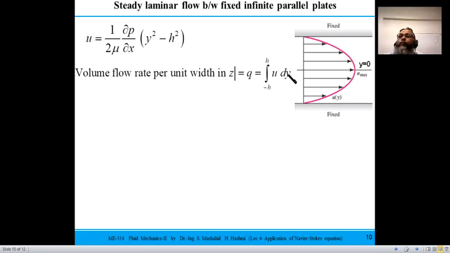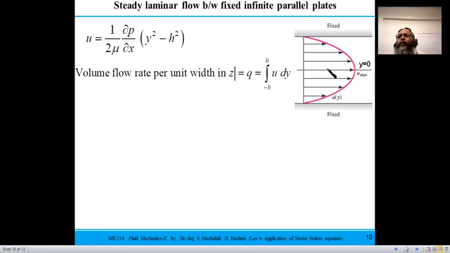As you know, the volume flow rate follows from the variation of velocities in the y direction. If you take a differential element dy, multiplied by the local velocity, meter per second multiplied by meter, it would be meter squared per second.